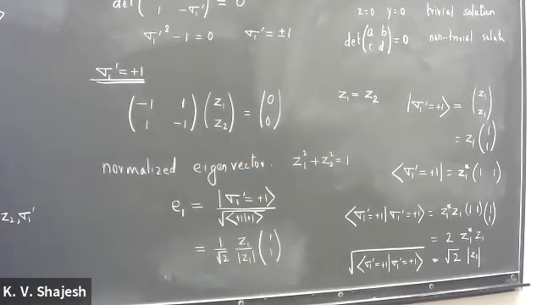What is Z1 divided by the magnitude of Z1? Z1 is a complex number. What's a complex number divided by its magnitude? That will give again a complex number.